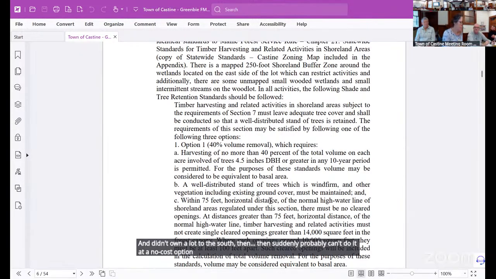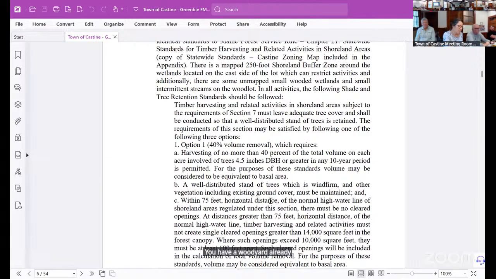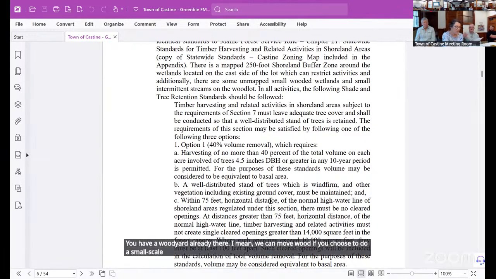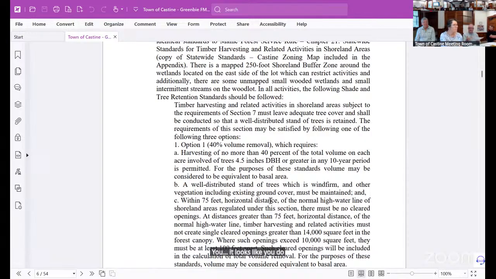Secondly, you have a wood yard already there. We can move wood if you choose to do a small scale operation in behind the transfer station. It looks like you do firewood work out there, and you have space, so you could do something small scale.